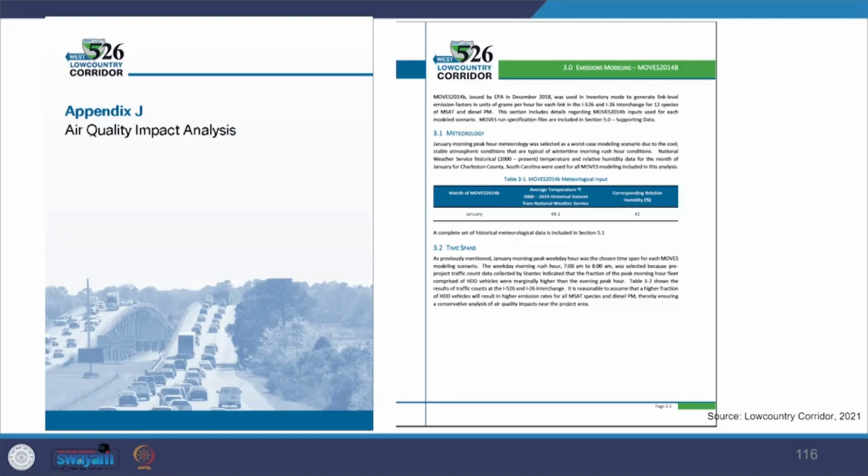Now, looking at the case study, the link to the case study is given, so we will briefly look into it. You are looking at the EIA of the Lowcountry Corridor West project in Charleston and North Charleston, South Carolina in the US.